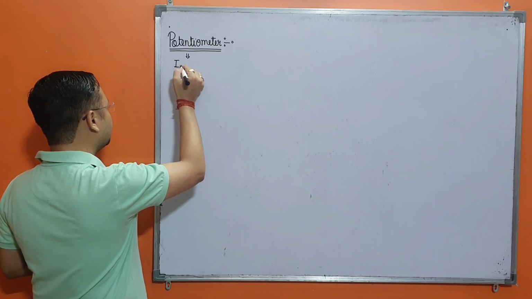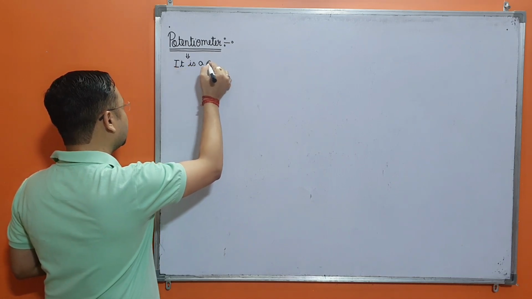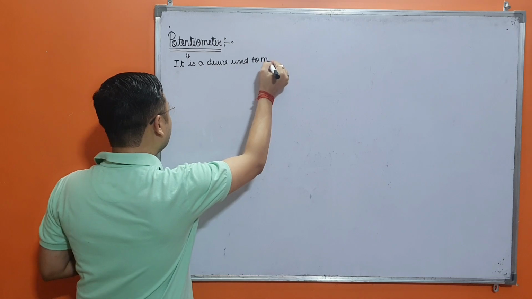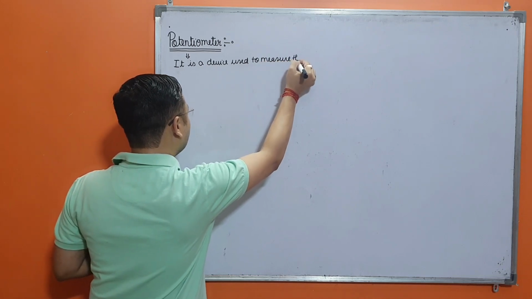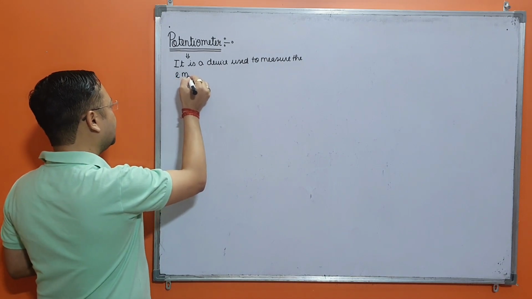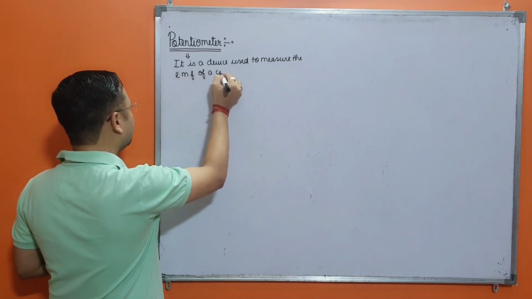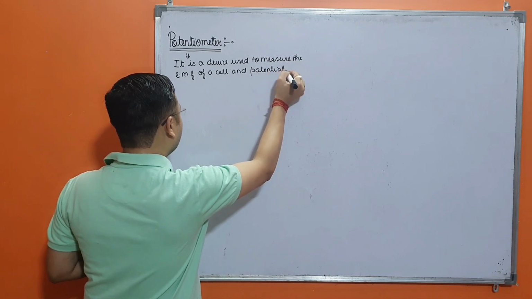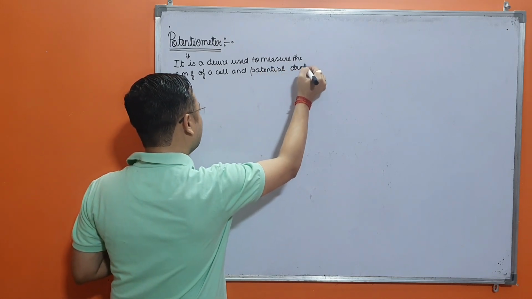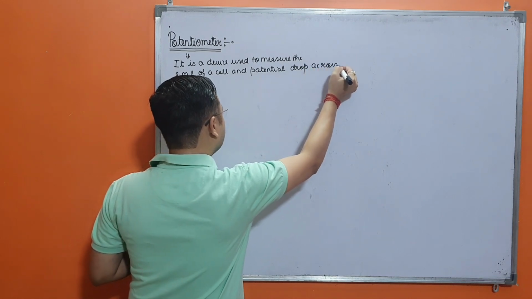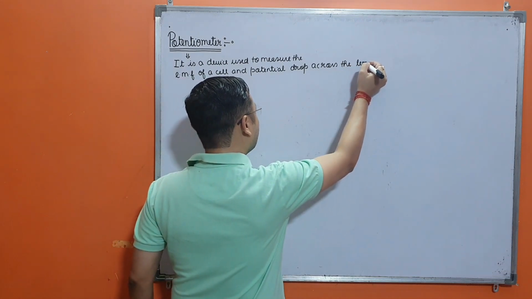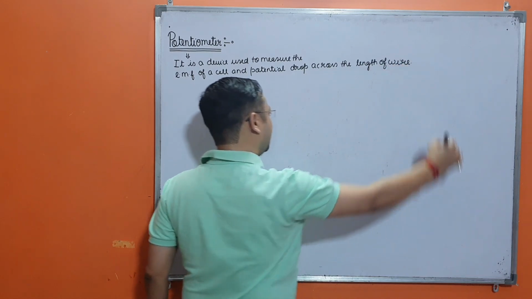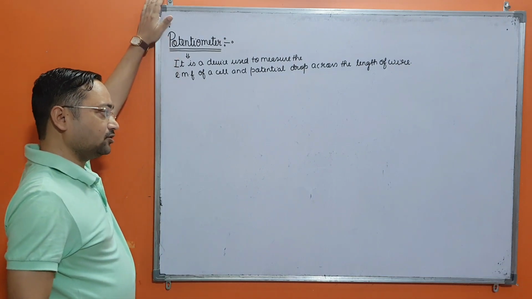It is a device used to measure the EMF of a cell and potential drop across the length of the wire. Then that device is called the potentiometer.